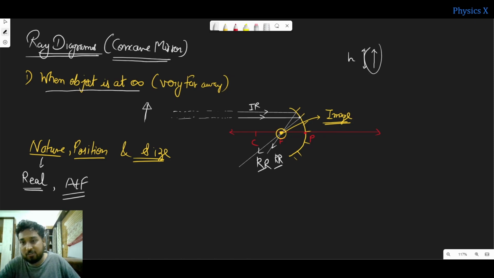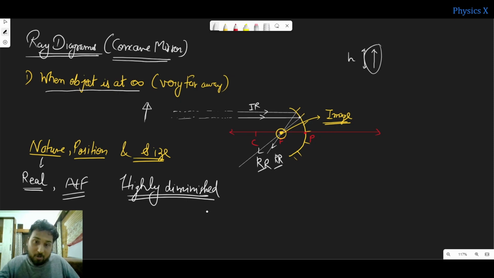Obviously it has some height, but now it is getting converted to a point-sized range. So we can say that the image is highly diminished. So this is the first case, where the object is placed at infinity.